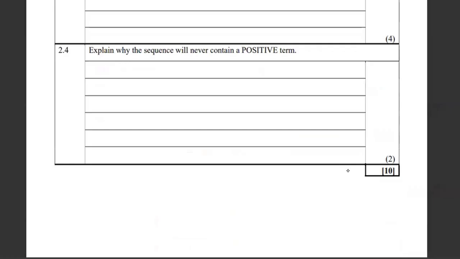So the maximum value of the sequence is -2. I believe that should settle it, because if the maximum is -2, then there's no way we can have a positive term. All right, so that is what we would have said.